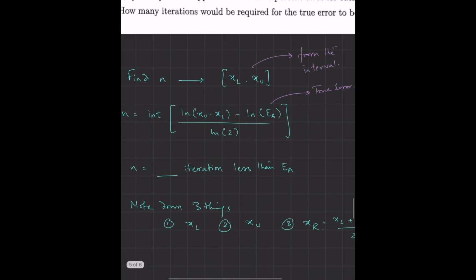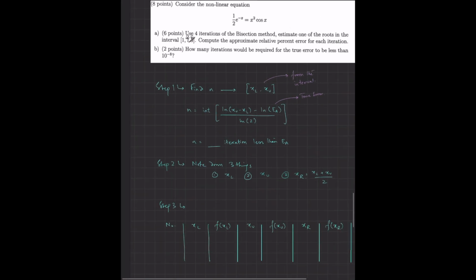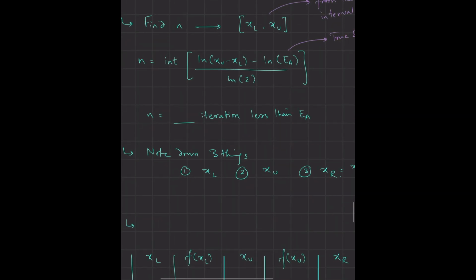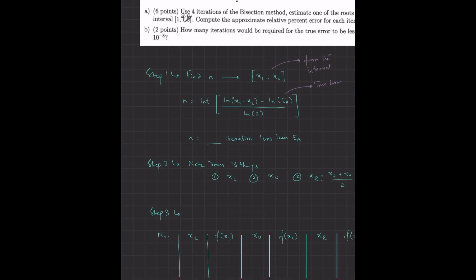So if you know the value of ln2, then you can write it. I basically write it like this, so it's always accurate. Okay, and then when you solve for n, you will get the number, so you get 5. So n equals 5 iterations, that is less than ea, because the question will ask you that.